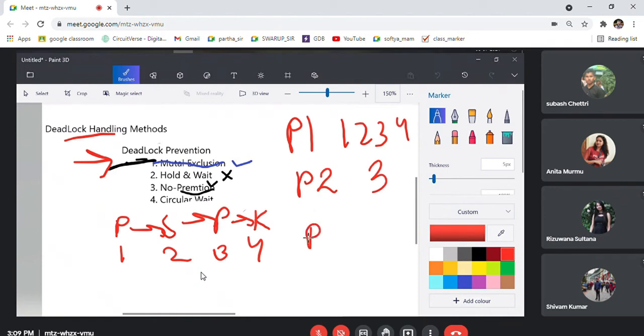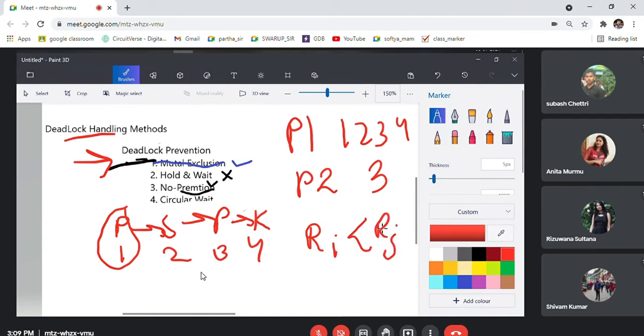If it is requesting for resource Rj, check whatever resource Ri it has, and compare whether the resource that it currently has is smaller than the requested resource or not.